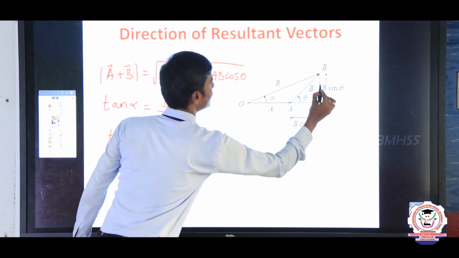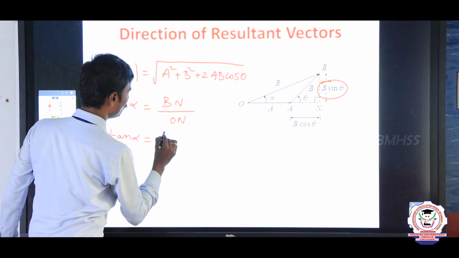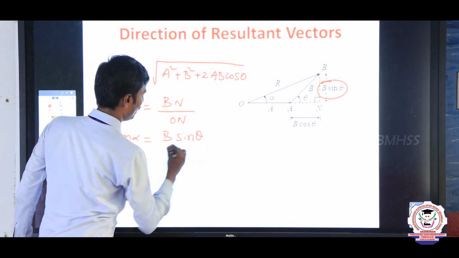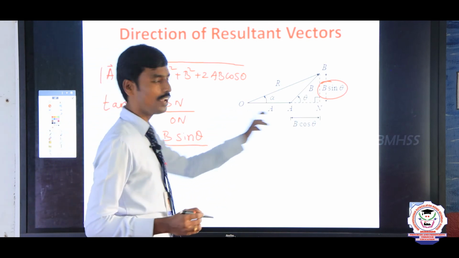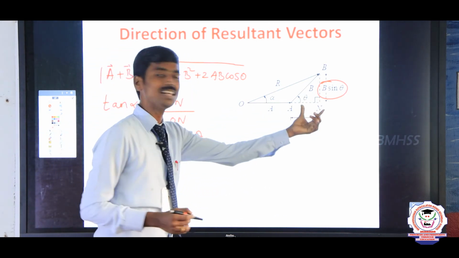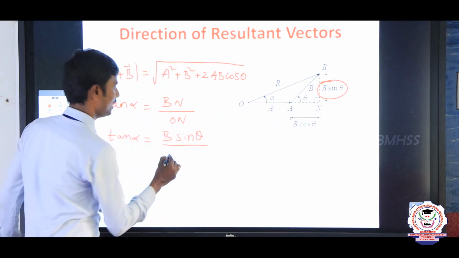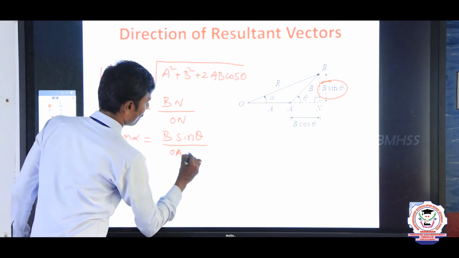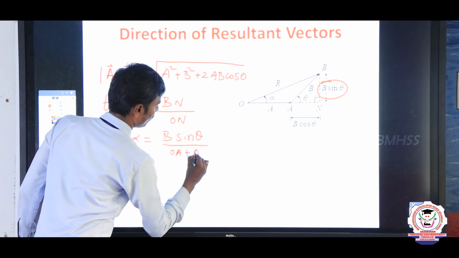Already we know that b sin theta, divided by OA plus AN.